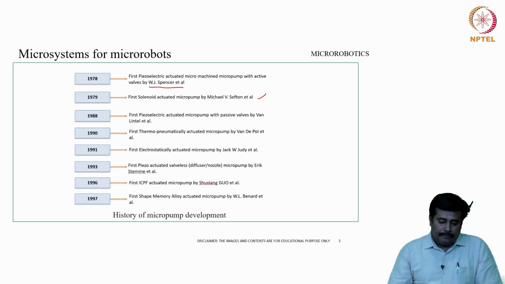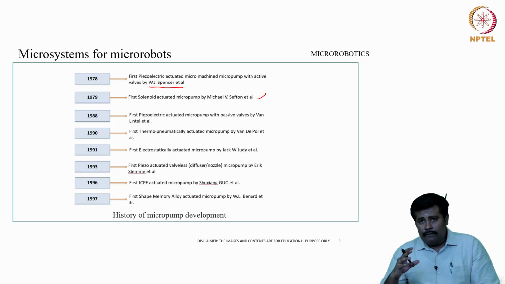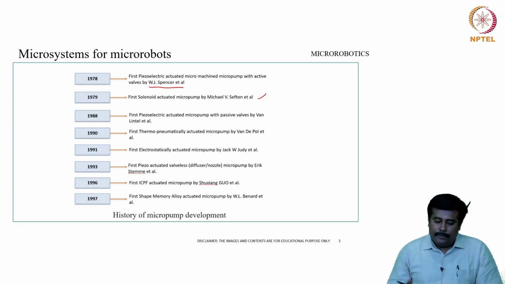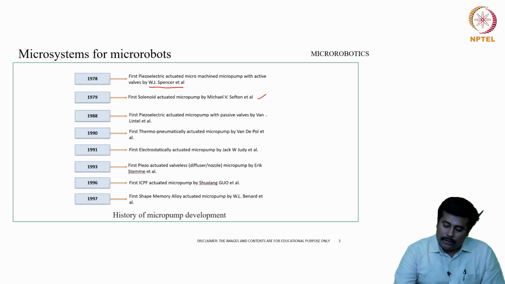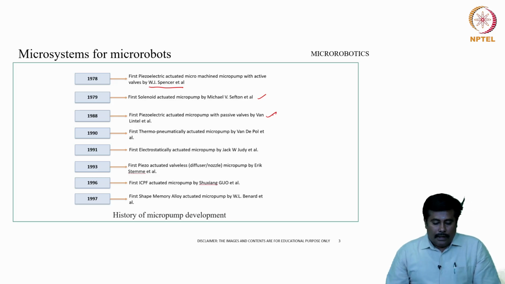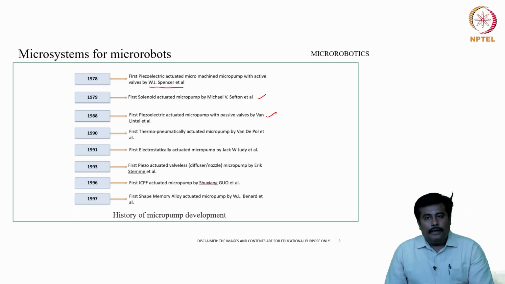Slowly, with modifications in piezoelectric structures, the first piezoelectric actuated micropump with passive valves was established by Van. Later, in the 1990s, the first thermo-pneumatically actuated micropump came into existence.